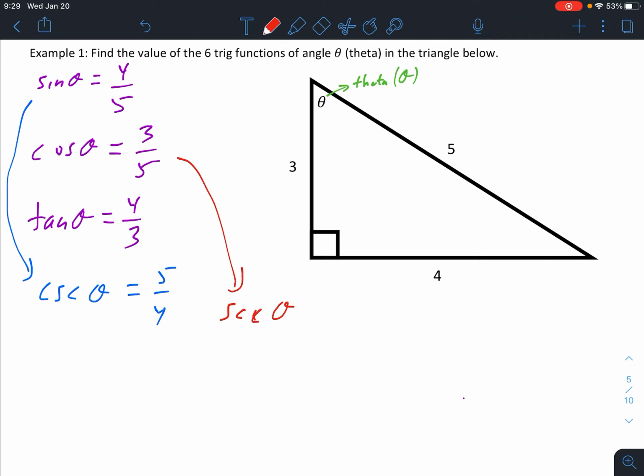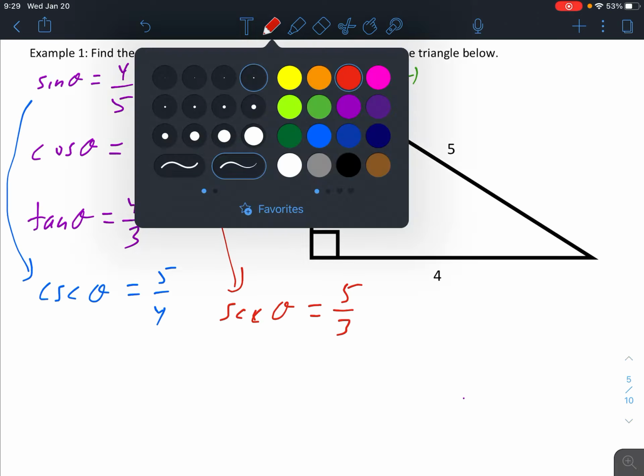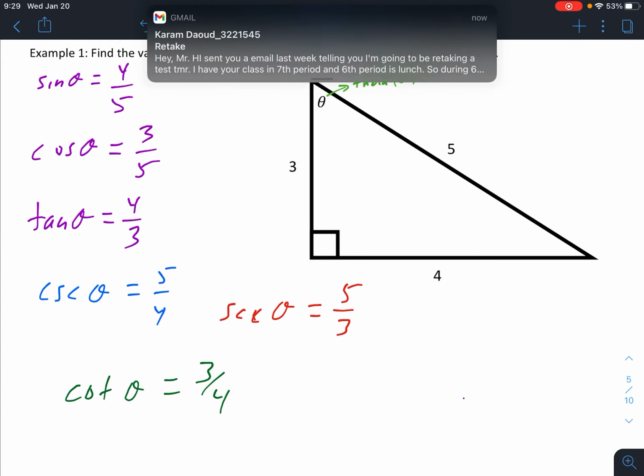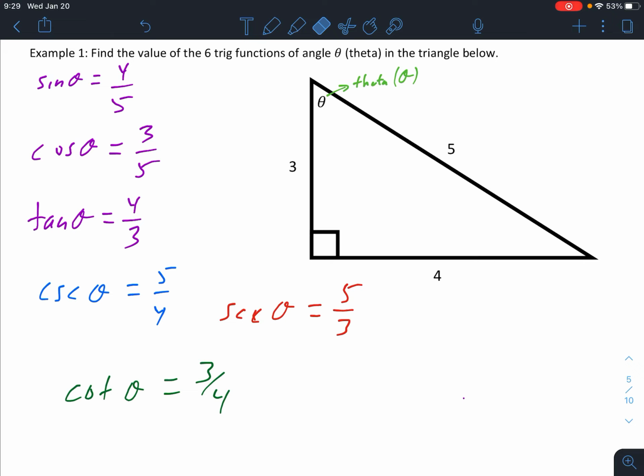So if the cosine is 3/5, the secant is 5 over 3. And the reciprocal of tangent is cotangent. So if the tangent is 4/3, the cotangent is 3/4. So there you have your 6 trig functions of theta.